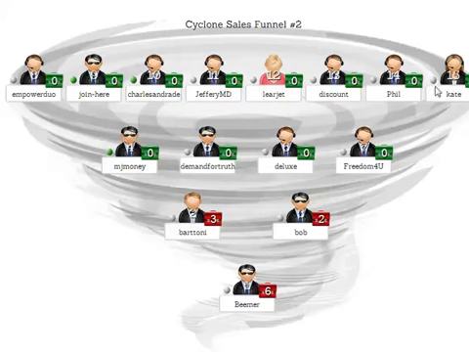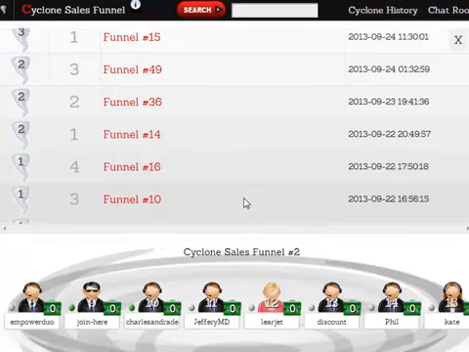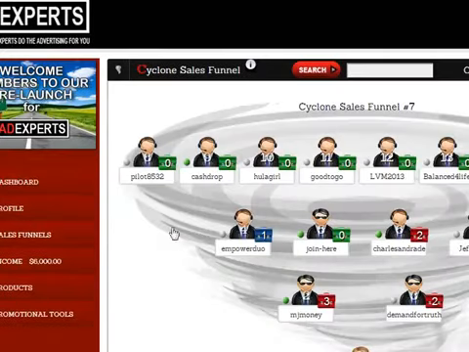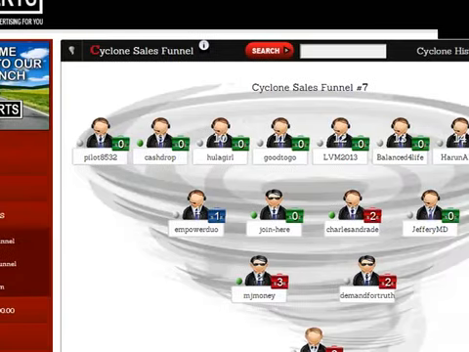And then once it filled up, if we then go to this Cyclone history button again, you can see that the second funnel that I went into was funnel number 7, and I went into that on Sunday. So I'll just click on that, and just try and reposition this so you can see it clearly.